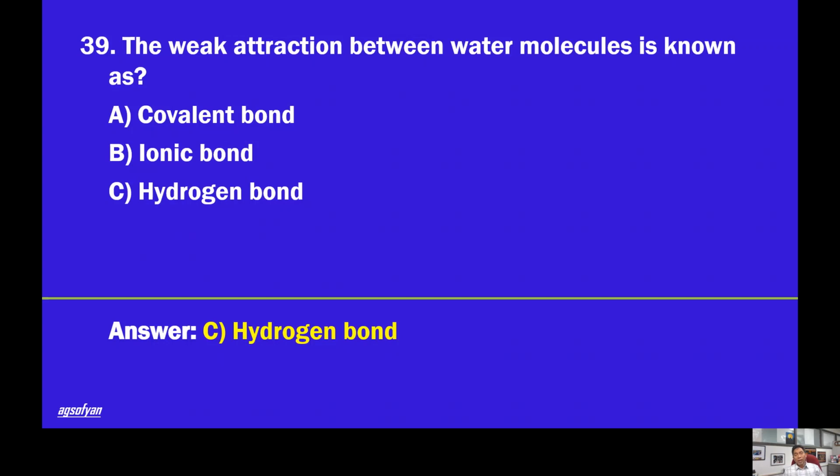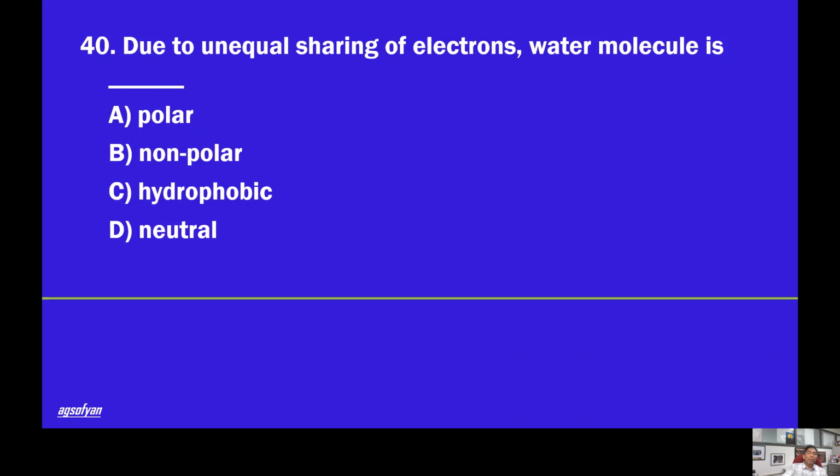The hydrogen side will have a slightly positive charge, and these hydrogens will be able to bind to other molecules or atoms that carry a slightly negative charge. So this type of bond is called the hydrogen bond because it is made by hydrogen that is slightly positive with other molecules or atoms that are slightly negative. So hydrogen bond.